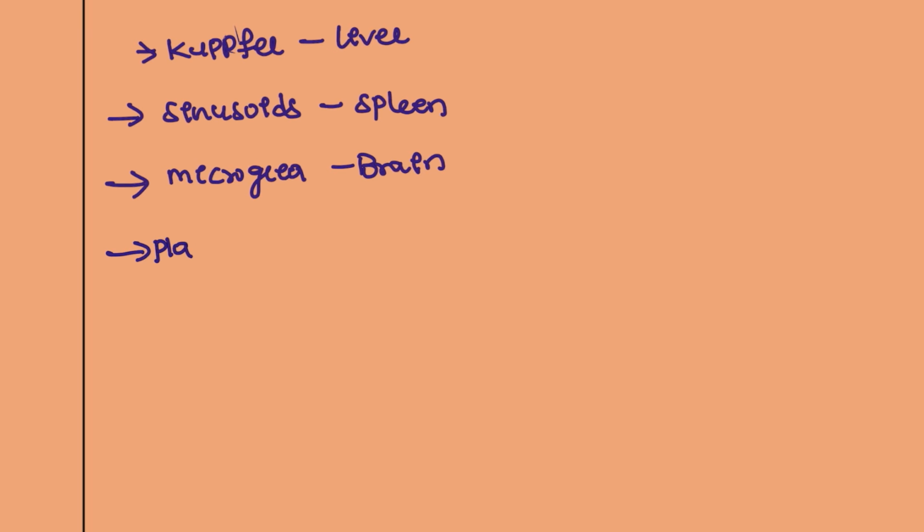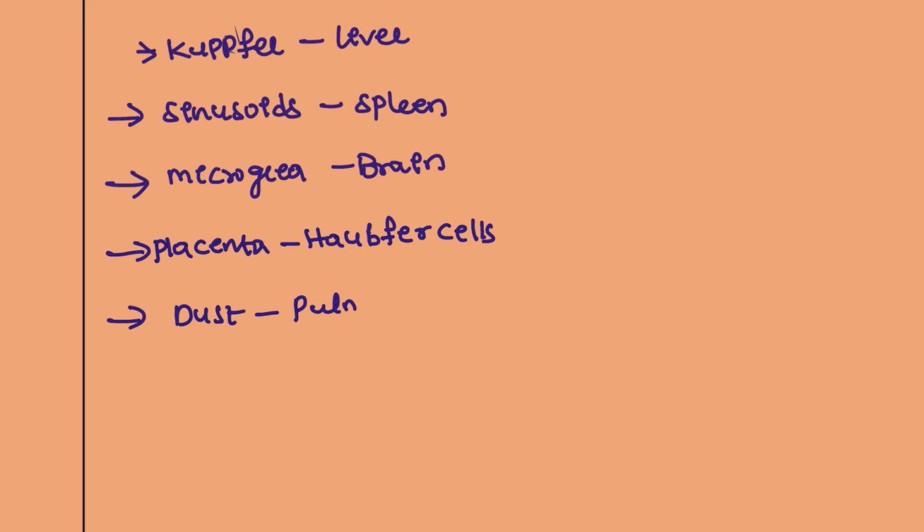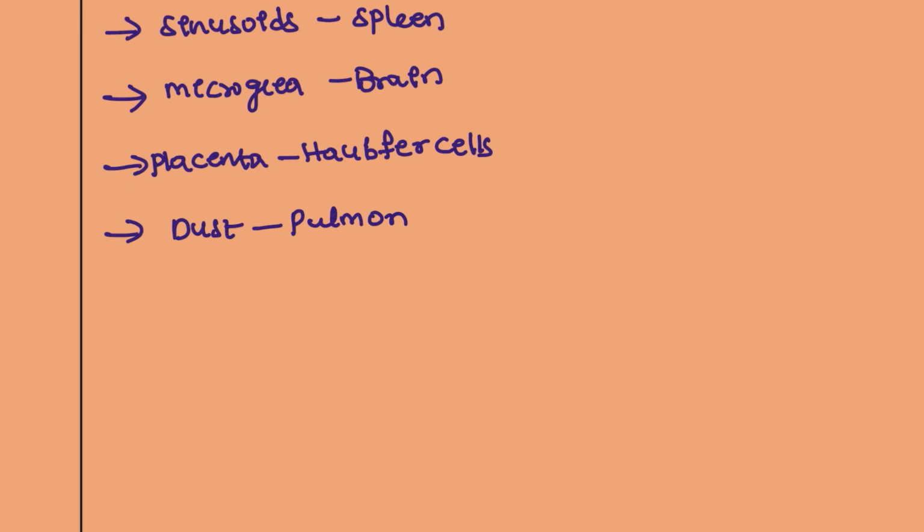The placenta also has cells, because the placenta should not transmit infections to the baby. So they have the Hofbauer cells. Next, we also have the dust cells. The name itself tells it is dust that will go into the lungs, pulmonary. Next, mesangium.